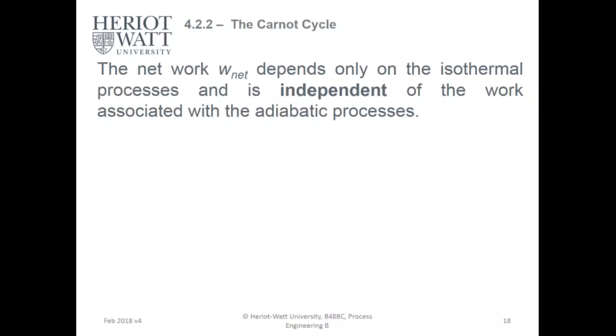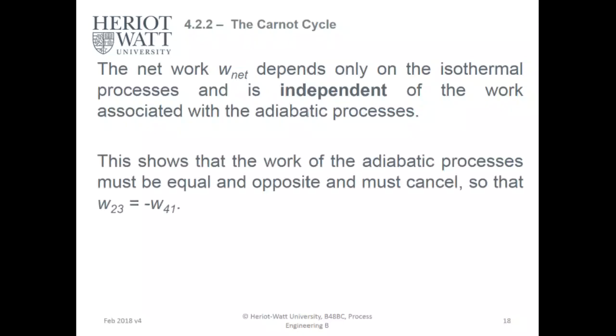So the net work depends only on the isothermal process and is independent of the work associated with adiabatic processes. And this shows that the work of the adiabatic process must be equal and opposite and must cancel, so that the work of 2,3 equals negative work of 4/1.